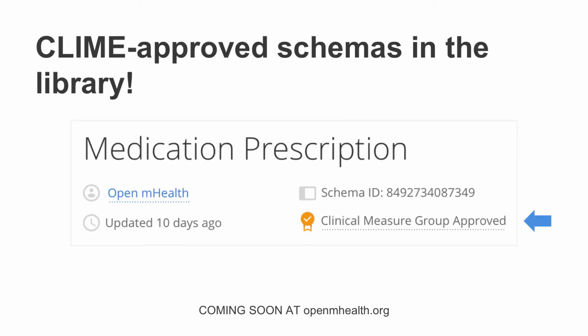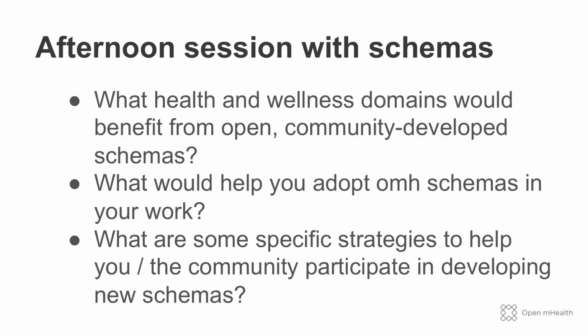Pretty soon, we're going to specifically mark the CLIME-approved schemas. And we're going to talk more about schemas in the afternoon breakout. We have one at 1:30. Our plan is to pose these 3 questions to our audience and work together to get some proposed answers.